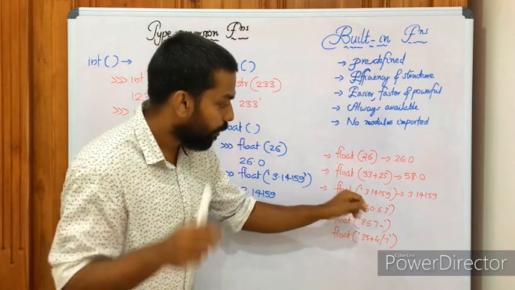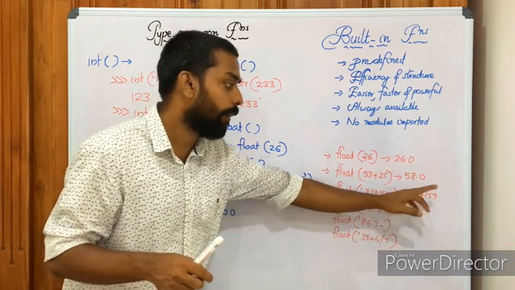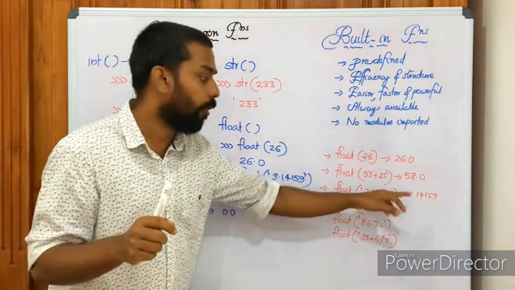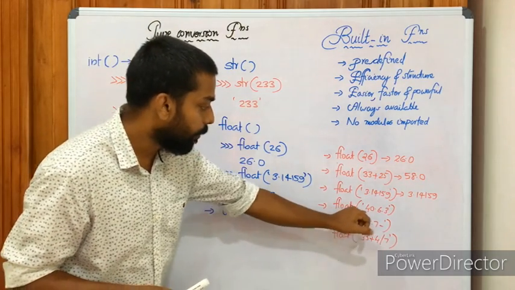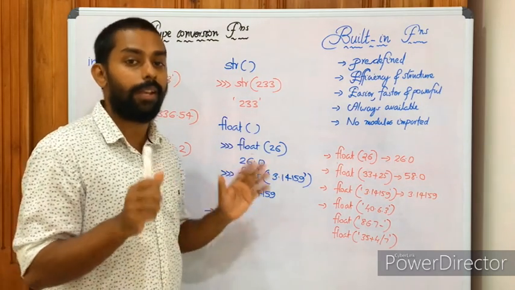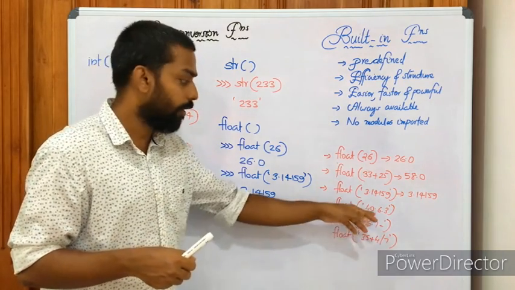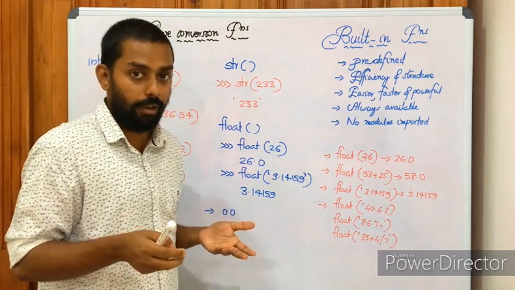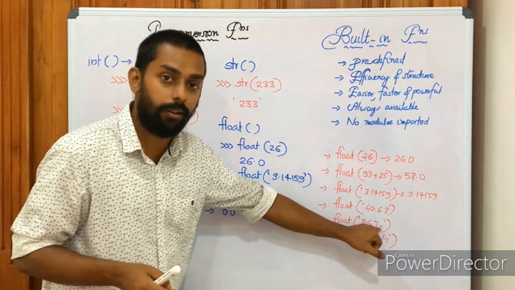Then float of a string, we have already seen. When we pass the string '3.14159', it will be converted to a floating point. Of course, here the input value is a string value and the output is a floating point value. Then float of '40.6.3' will be an error because here we have two decimal points, so it is against the syntax, and it results in error. The same way '86.7-', you can see one minus sign here, it's also an error.